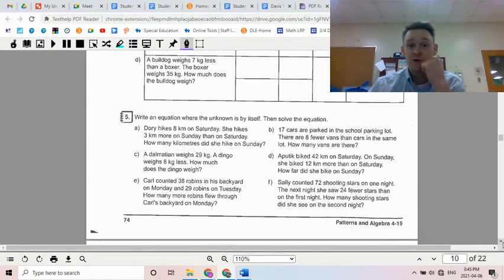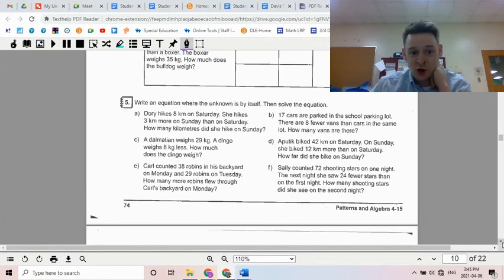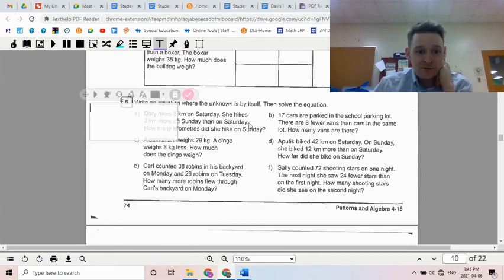It says write an equation where the unknown is by itself and then solve the equation. So here, I know you don't have a lot of room for these, but you could do them on the side. Dory hikes 8 kilometers on Saturday. She hikes 3 kilometers more on Sunday than on Saturday. How many kilometers did she hike on Sunday? So we need to figure out Sunday.